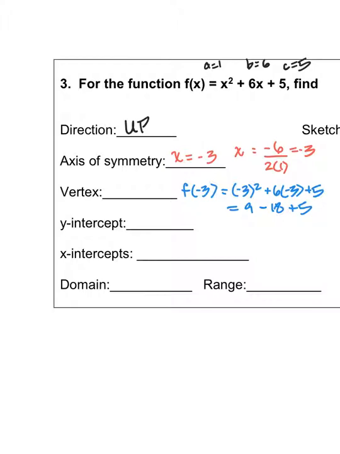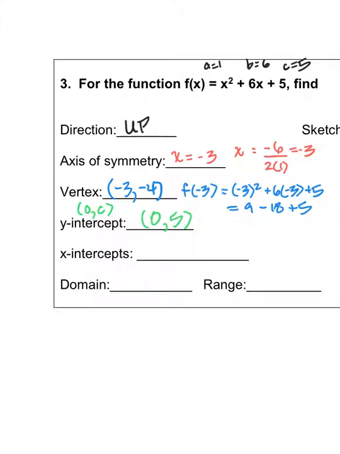So my vertex is going to be the point negative 3, negative 4. My y-intercept, remember, is just 0, c. My c value is 5. Okay, so that's going to be 0, 5.